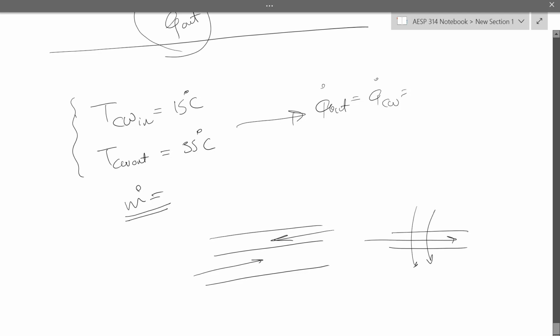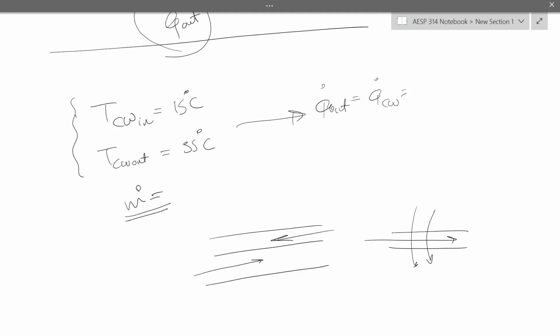The point is these two fluids shouldn't mix with each other. That's the point of a heat exchanger. In a radiator, you have cooling water inside the fins and air passing through, but the water and air don't mix.